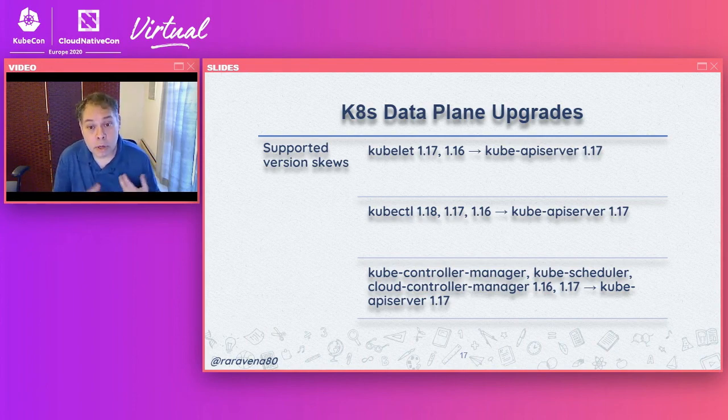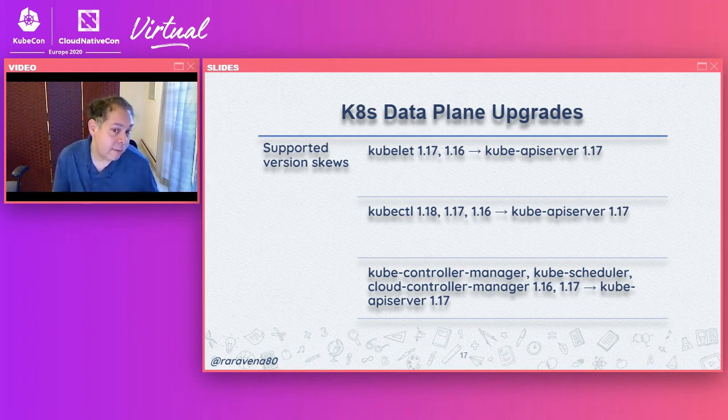So Kubernetes has several components, and each one of these components has several versions, just like I described before. So you have maybe Kubernetes API 1.17, and it only supports certain version skews. So the kubelet 1.16 and 1.17 will be able to connect to 1.17 with no problems, or the way it's supported.